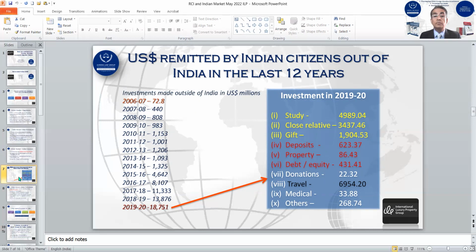All those things need to be shown in more detail and educate them so they would be more interested in investing the money into our residency and citizenship programs rather than just spending on their children's education and also for travel purposes only.